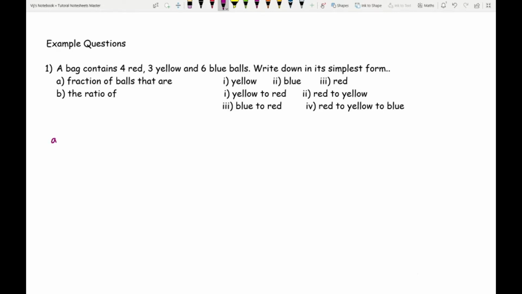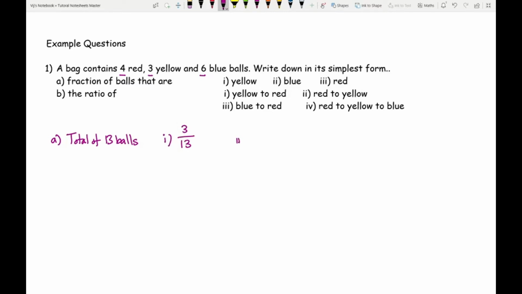In terms of A, we're writing the fraction. So I need to work out the total amount of balls in the bag. Here we've got 4 plus 3 plus 6, which gives us a total of 13. For yellow balls I've got 3, so it's 3 out of 13.